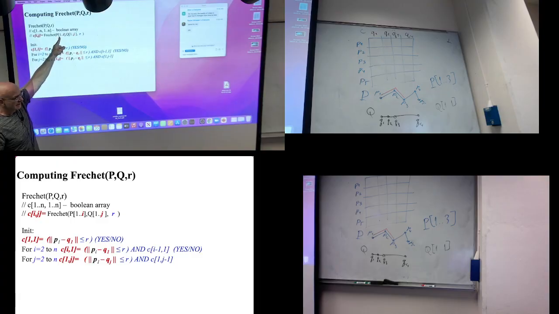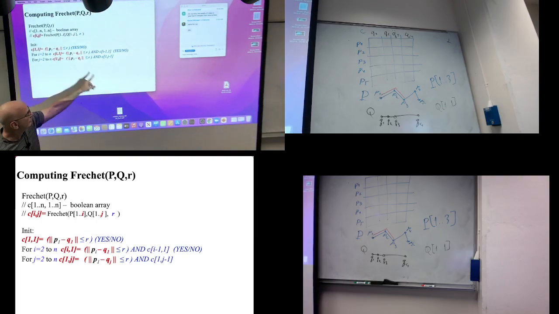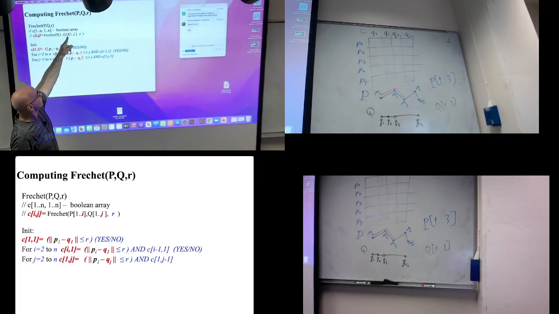To know what is Cij, the notation is a bit confusing, but very similar to what we did in the LCS. P of 1 dot dot i is the prefix of the first i vertices of P, the polygonal path of the first i vertices of P. P of 1 dot dot 1 is just a single vertex. P of 1 dot dot 5 will be the whole of the path. P is the blue path over there. Q of 1 dot dot j, the same thing.